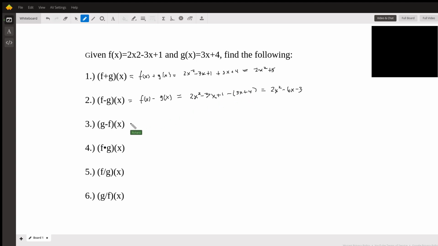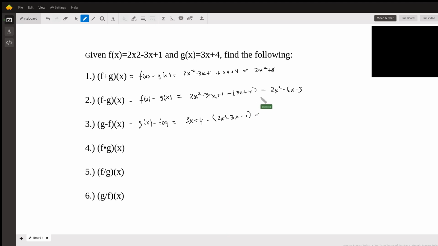And then this is exactly what you would expect, g of x minus f of x. So it's going to be 3x plus 4 minus 2x squared minus 3x plus 1.